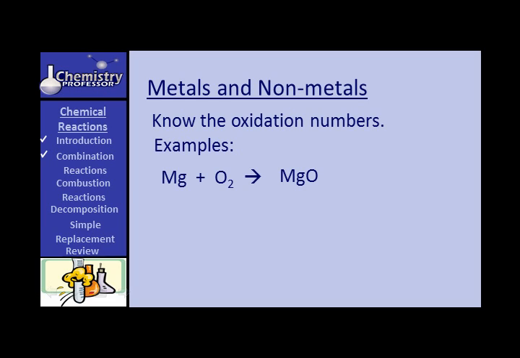But is this the correct formula? Well, the oxidation number of magnesium is expected to be +2, and of oxygen is expected to be -2. So it looks to me as if this formula is right because it's neutral. The +2 and the -2 cancel. But is it balanced?